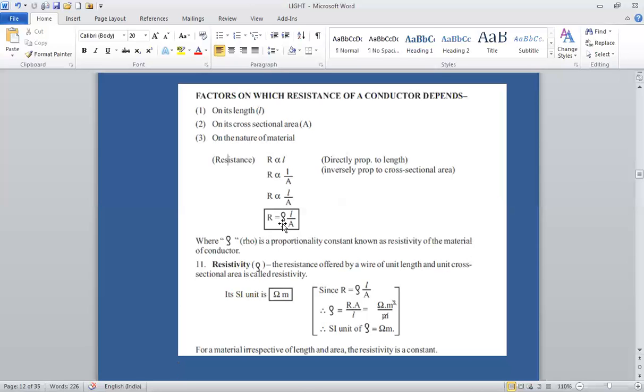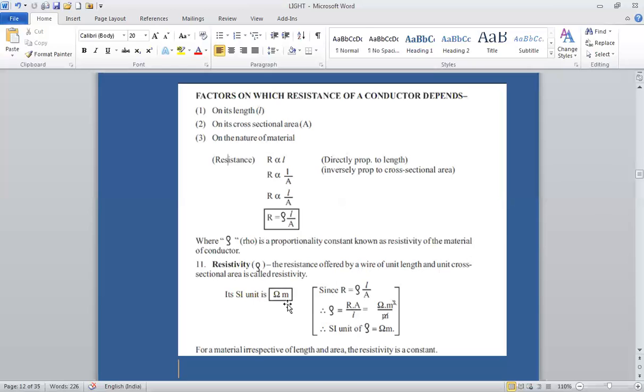This is rho, or resistivity. Rho is the proportionality constant known as the resistivity of the material of the conductor, and we can say the resistance offered by a wire of unit length and unit cross-sectional area is called resistivity.